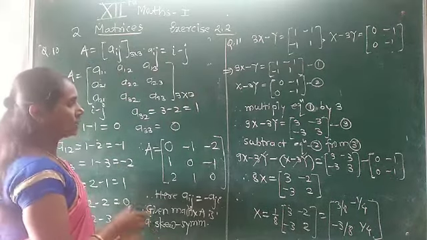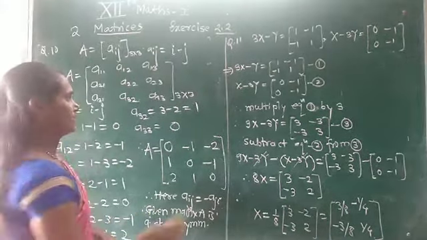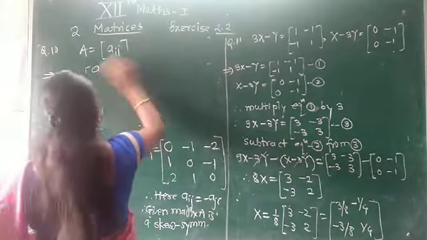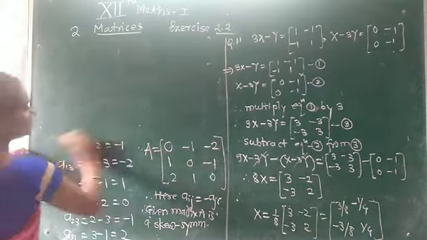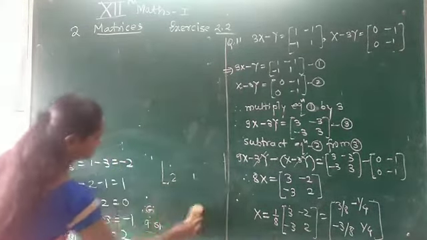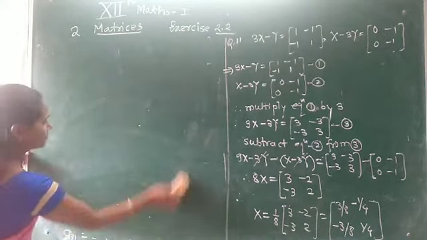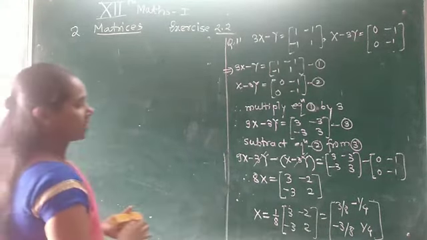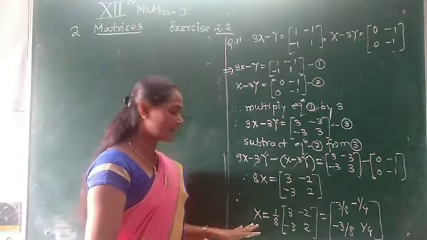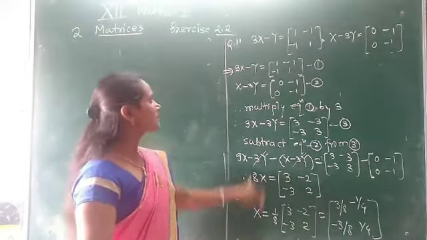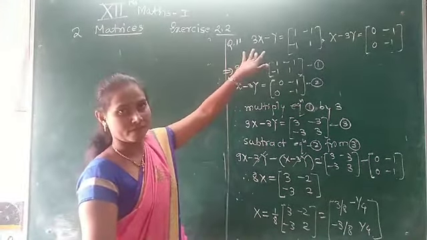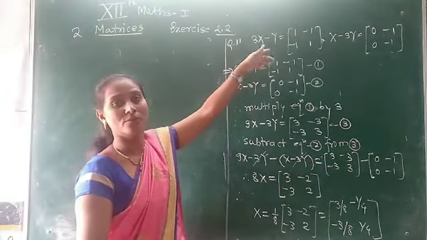Now the value of y we find in two ways. First method: put the value of x in equation number 1 and then we will get the value of y.